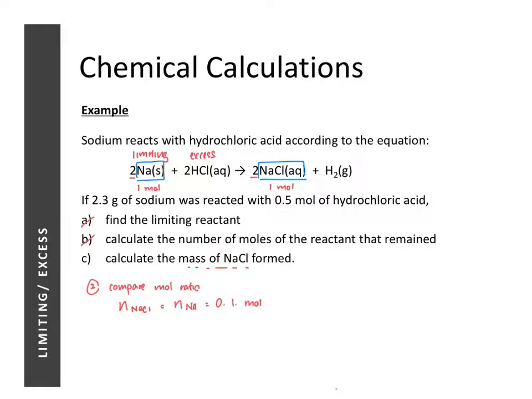And lastly, we need to calculate the mass of sodium chloride. To find the mass from moles, we need to multiply by the molar mass. That will give us 5.85 grams.